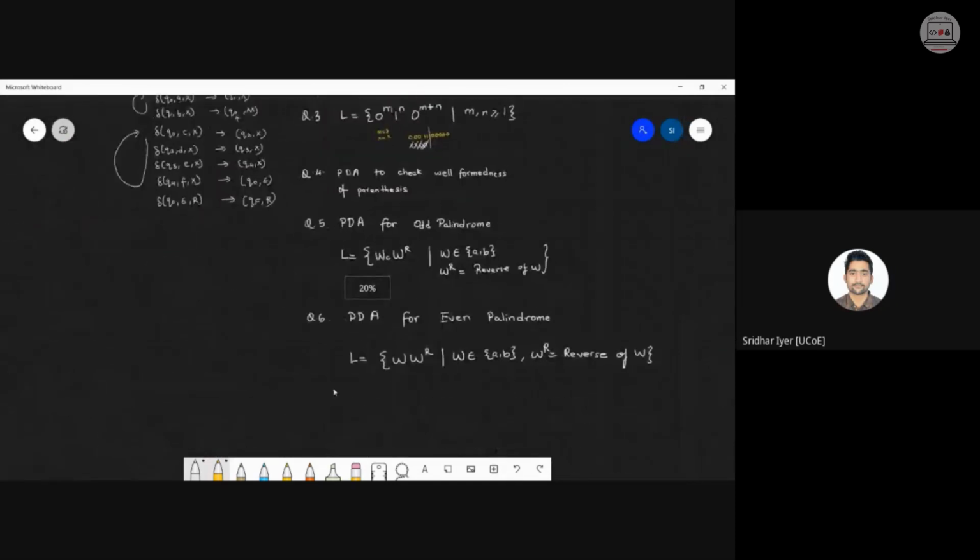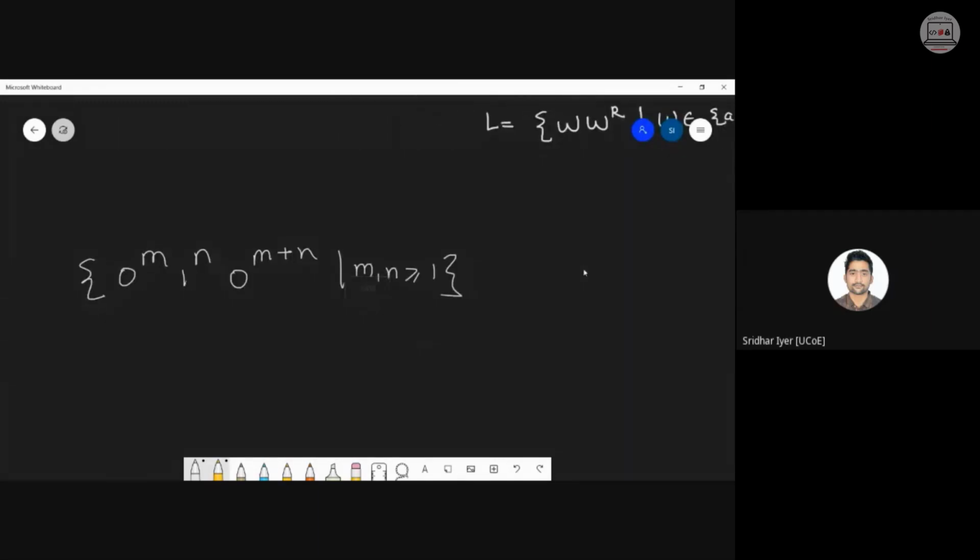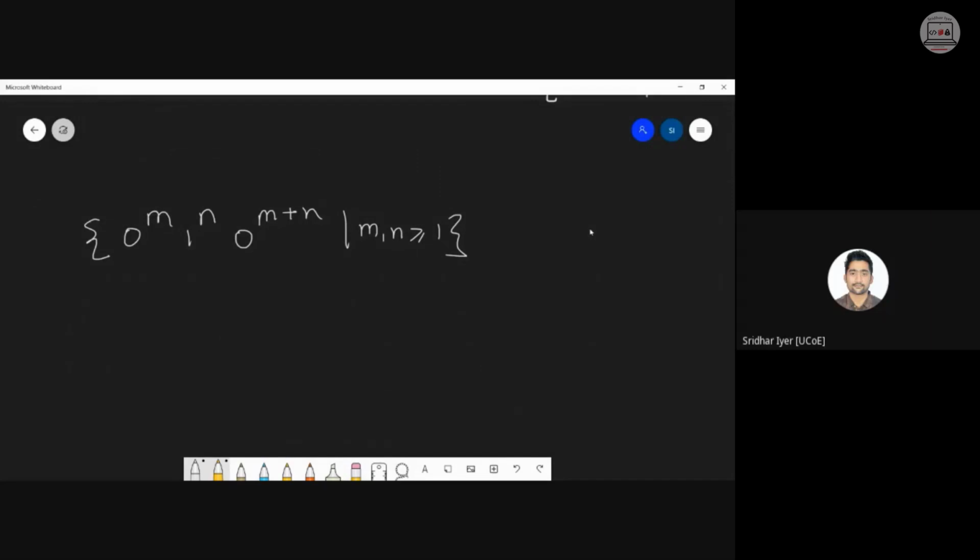Let me solve it. Question number 3, solution over here. I will write the question once again. It is 0 raised to m, 1 raised to n, followed by 0 raised to m plus n, where m, n is greater than or equal to 1. So the logic is already shared with you by Ayush. I am writing it once again.